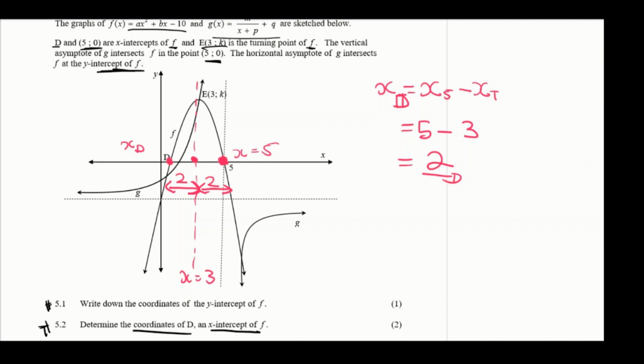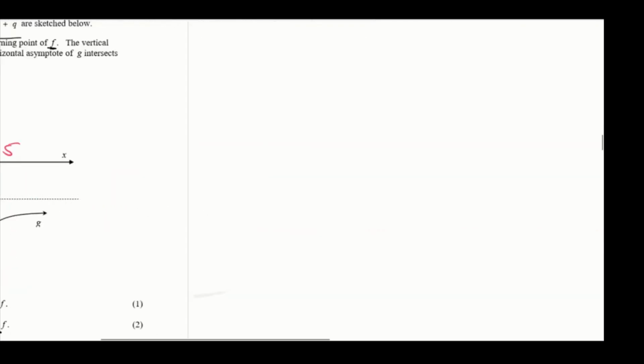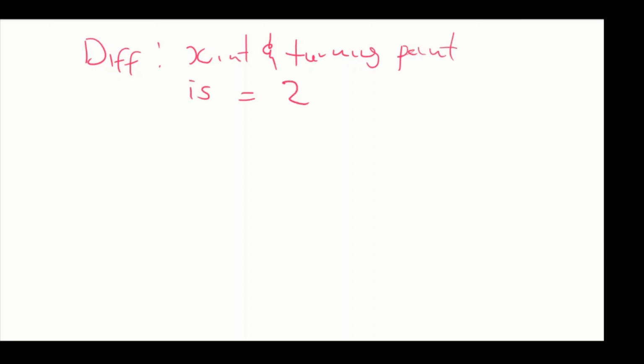So to find the difference between the x-intercept and the turning point, it is equal to 2, right?